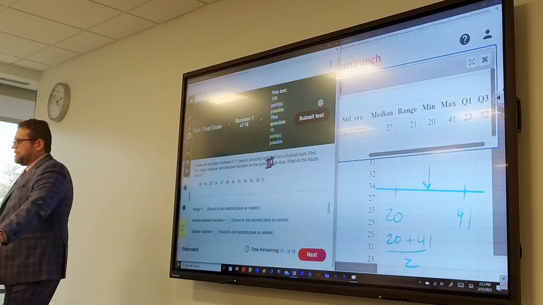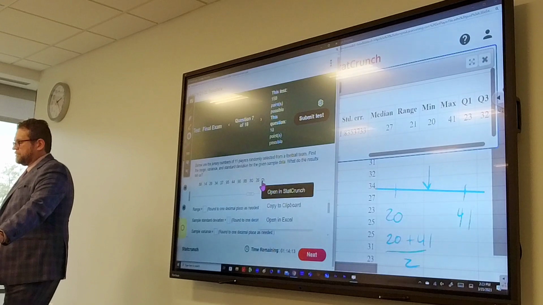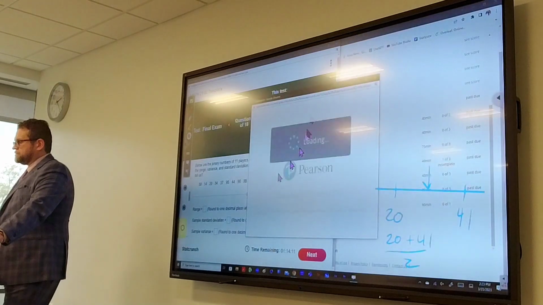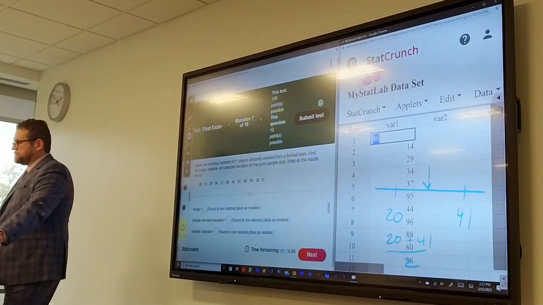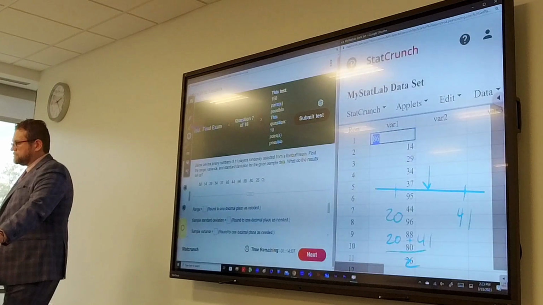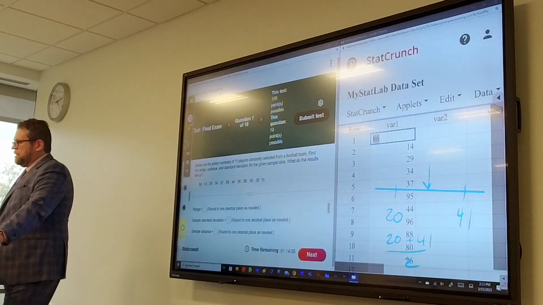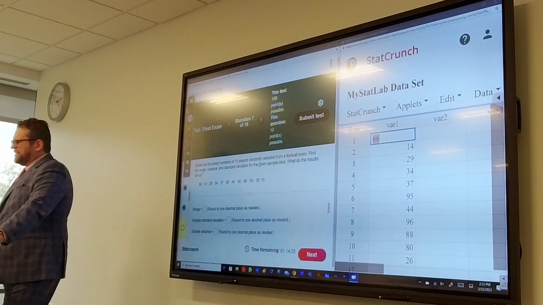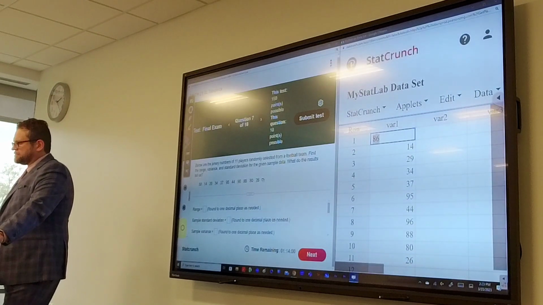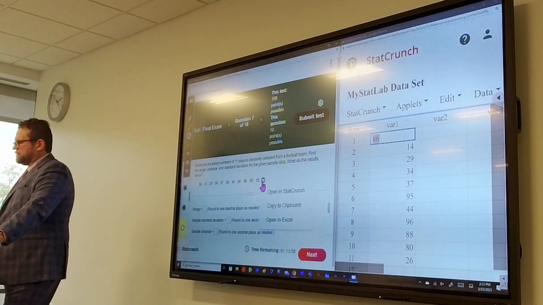All right. 11 jersey numbers of a randomly selected football team. Then with the range, variance, and standard deviation.